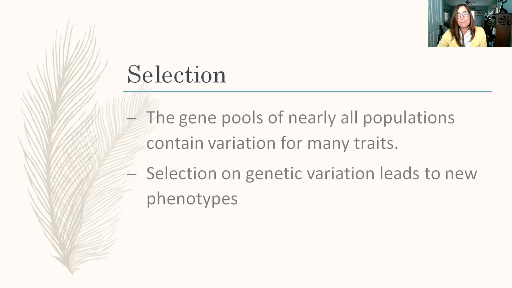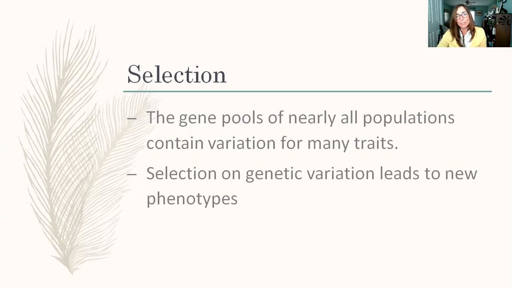So there's hardly any population of organisms where the traits are super uniform. And we now know that those variations come from mutations, but then when you select for particular variations, you can create new phenotypes within your population. And this selection can be artificial, or it can be natural selection.